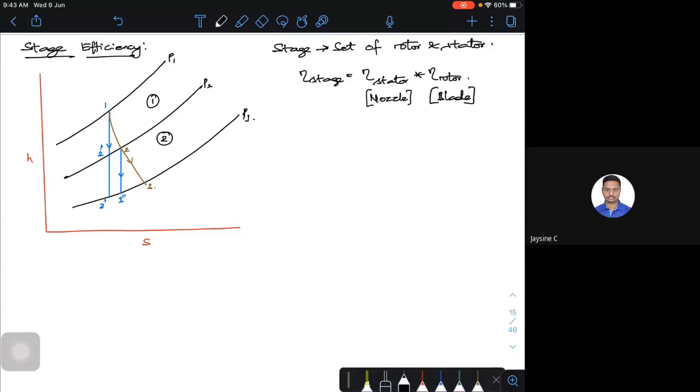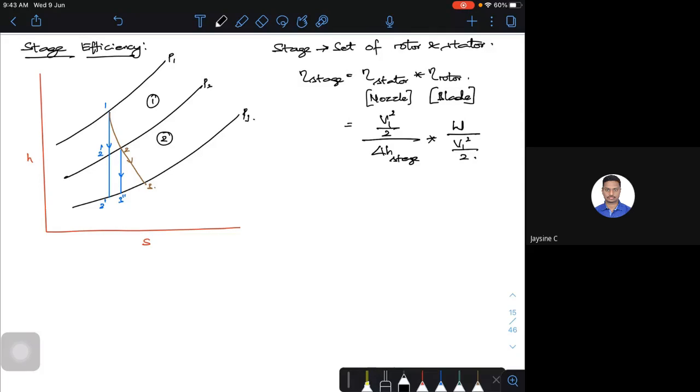So let's write what it is actually. Your stator efficiency is your kinetic energy divided by your enthalpy drop, enthalpy drop for the stage or whatever it may be. Then for the blade, it is the work done divided by your kinetic energy.